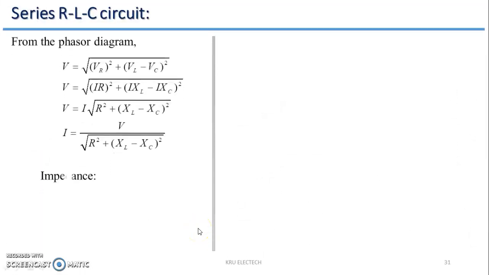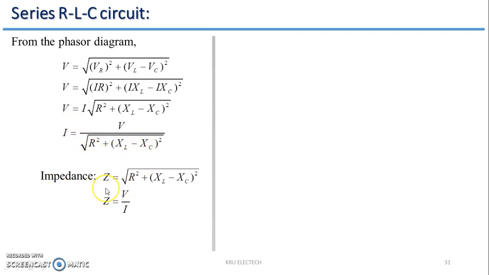So from the diagram, what can you write? It's a right triangle, so you can directly take the square addition and the square root gives the result. Here is the voltage and here is the current. If you divide voltage by the impedance, then you get the current. What is the impedance?